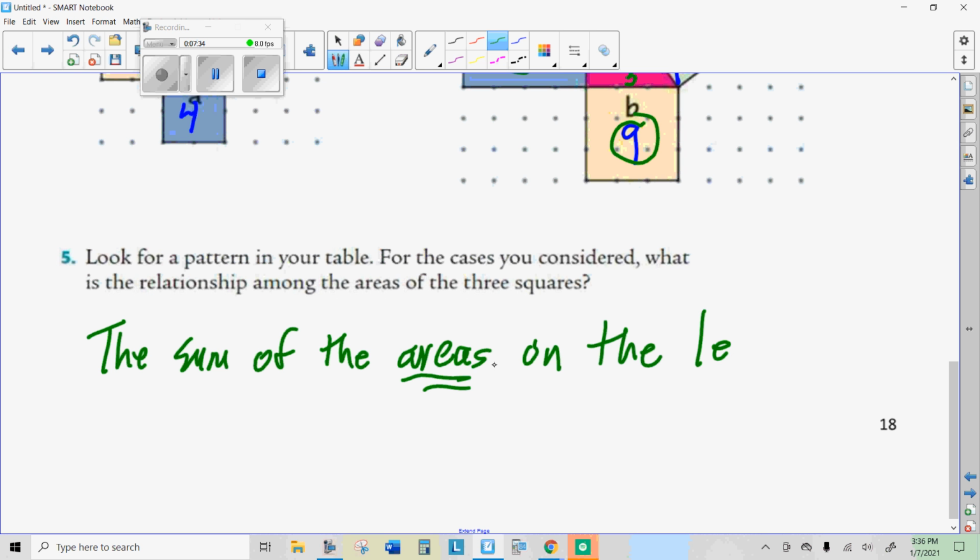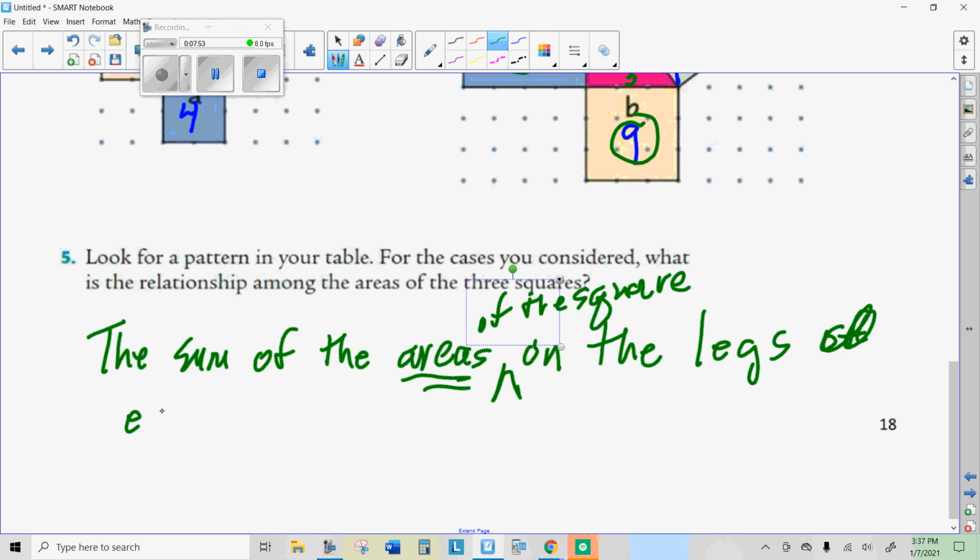The sum of the areas of the squares drawn on the legs equals the area of the square drawn on the hypotenuse.